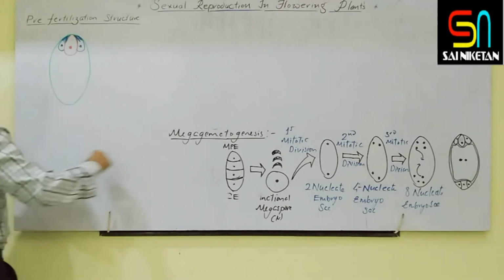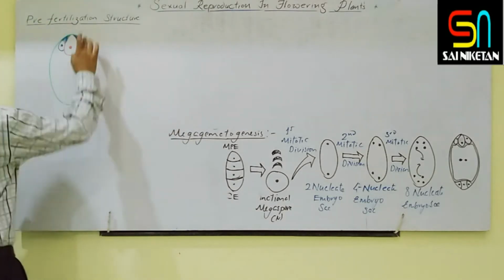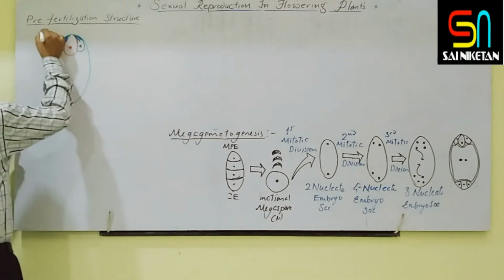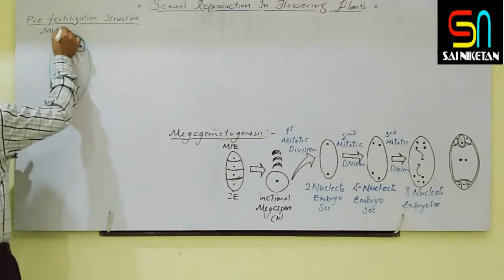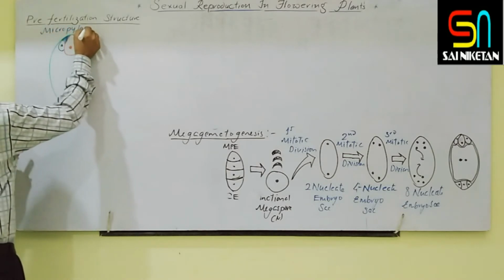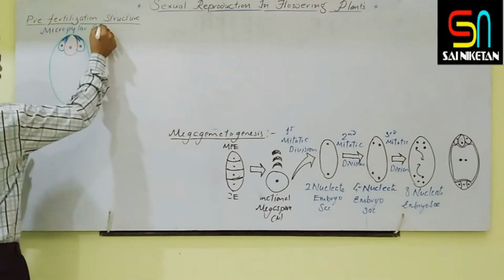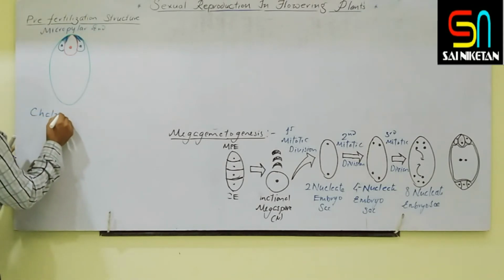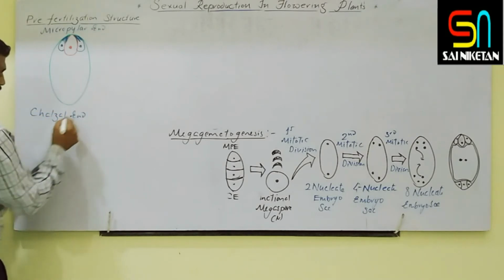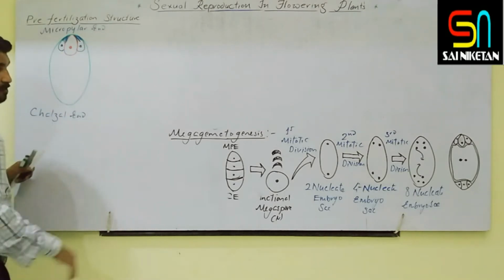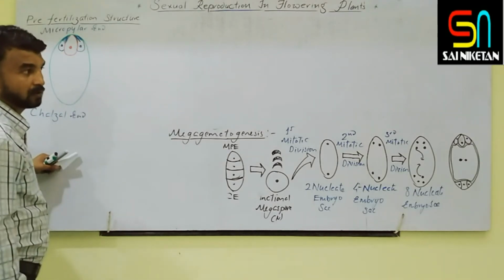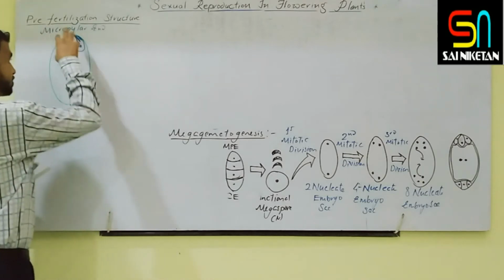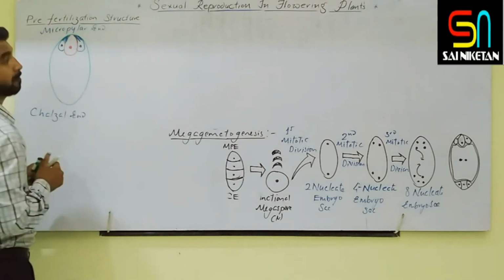The 3 cells which are present toward the micropylar end. So this is the micropylar end, and this is the chalaza. The 3 cells which are present toward the micropylar end, the complete structure of these 3 cells is called the egg apparatus.